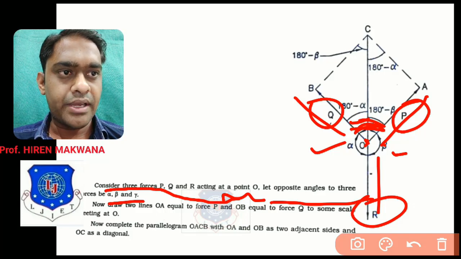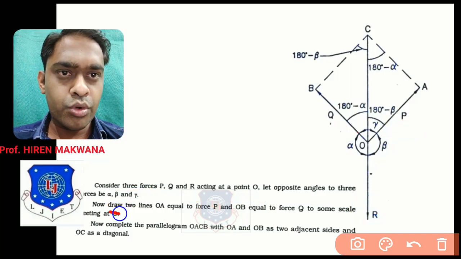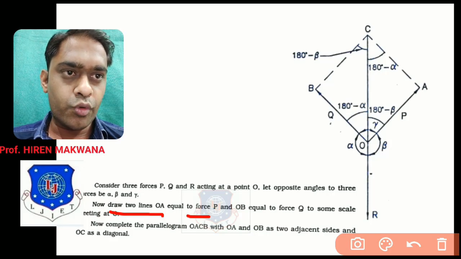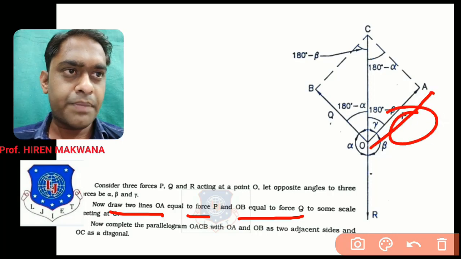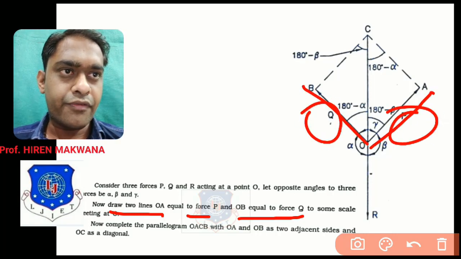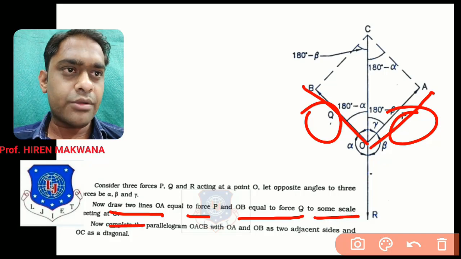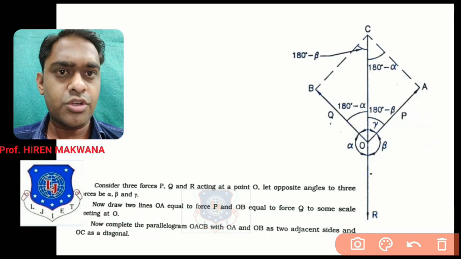Next geometry. Now draw the two lines OA equal to force P and OB equal to force Q, to some scale, meeting at O. That is basically the geometry.